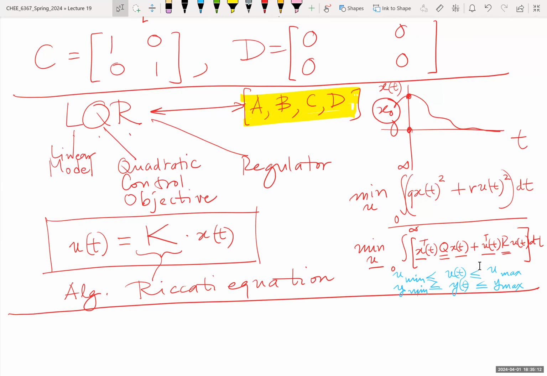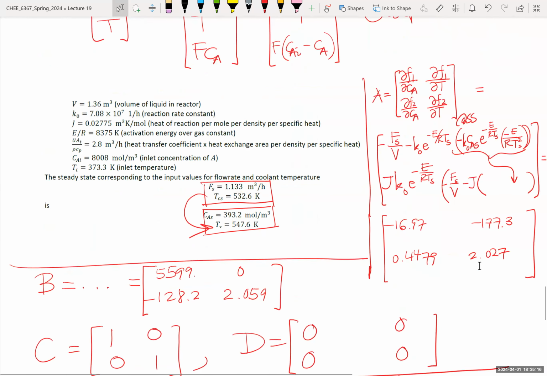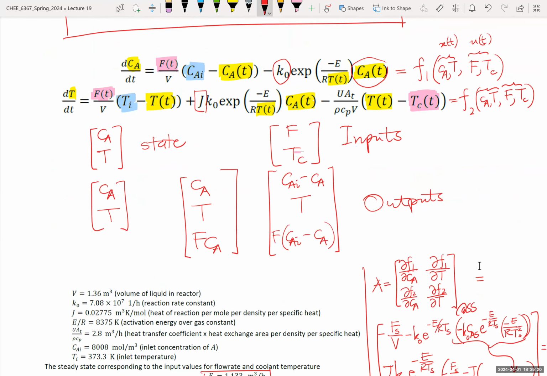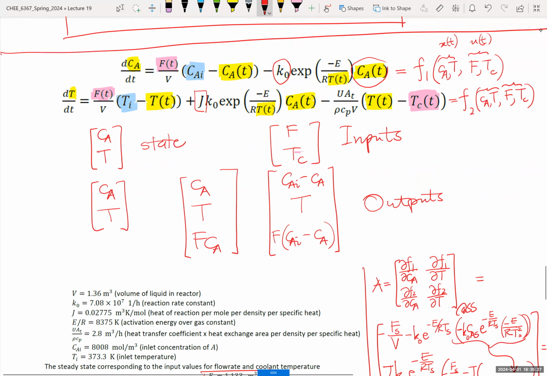Okay, so in this example, where are we here? Let's recap where we are. We are doing this example, example 1 in the notes. What is this example about? We have a reactor. We develop these equations. How? From first principles. Mass balance, energy balance.